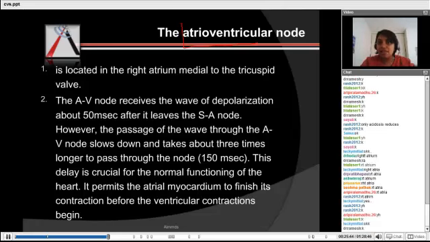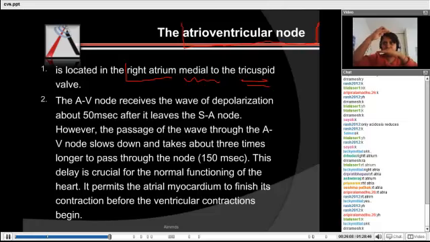Next we have the AV node. The AV node is located in the right atrium medial to the tricuspid wall. Where was your SA node located? It was in the right atrium, in the posterior side, just medial to the opening of the superior vena cava. And this is just medial to the tricuspid wall. Where is the tricuspid wall?